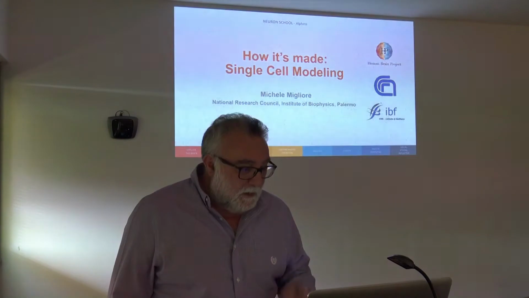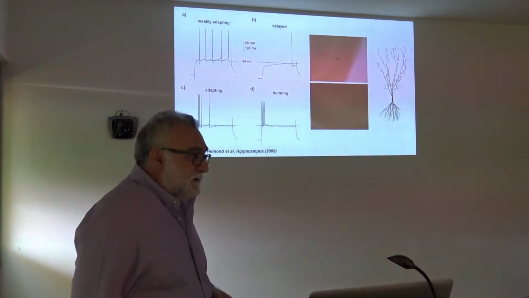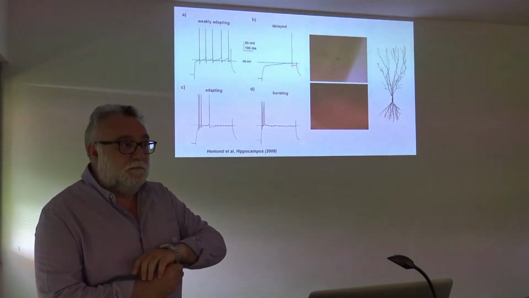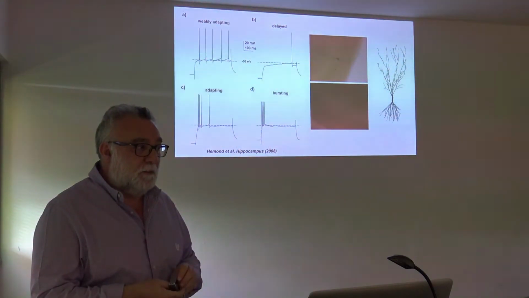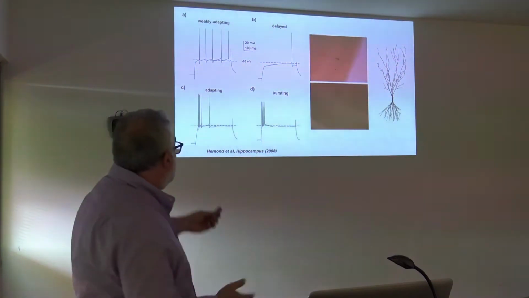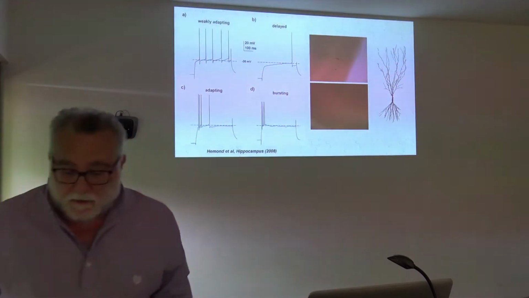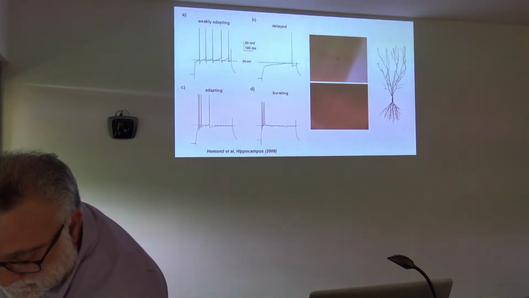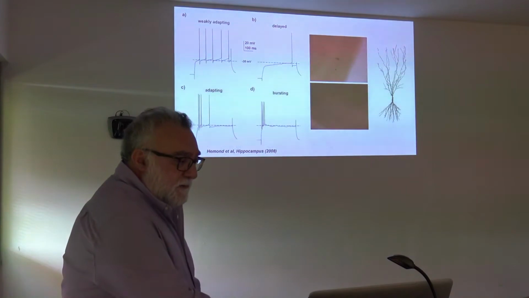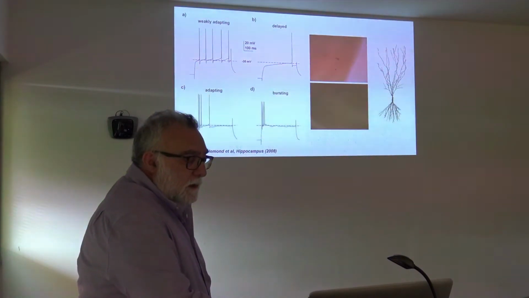Okay? Suppose that you have a set of experimental data. That's easy. I guess that you have already been exposed to the lab and done some kind of recordings. If not, this is what you can basically record from a cell. In this case it is a CA3 pyramidal cell from the hippocampus, but it could be anything.